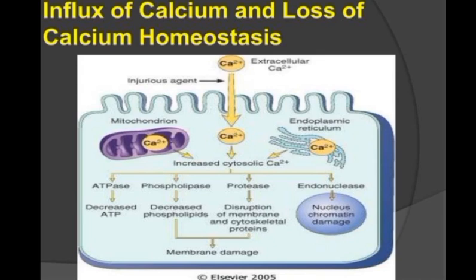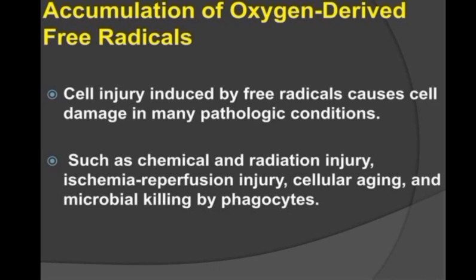Endonuclease will get activated, and then the nucleus will get damaged. So calcium plays the major role. It will activate everything, and every intracellular substance will get damaged. First, mitochondria: ATP production reduced. Phospholipids: cell membrane gets interrupted. Proteases: proteins get interrupted. Endonucleases: nucleus gets interrupted.